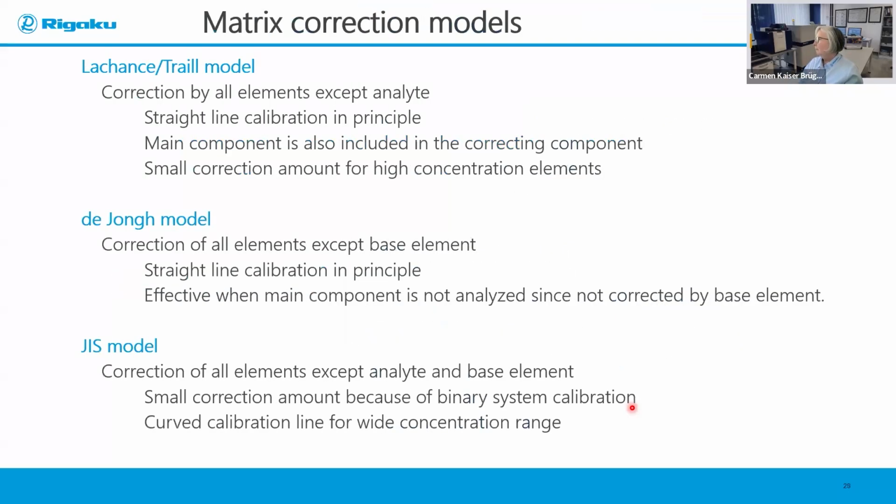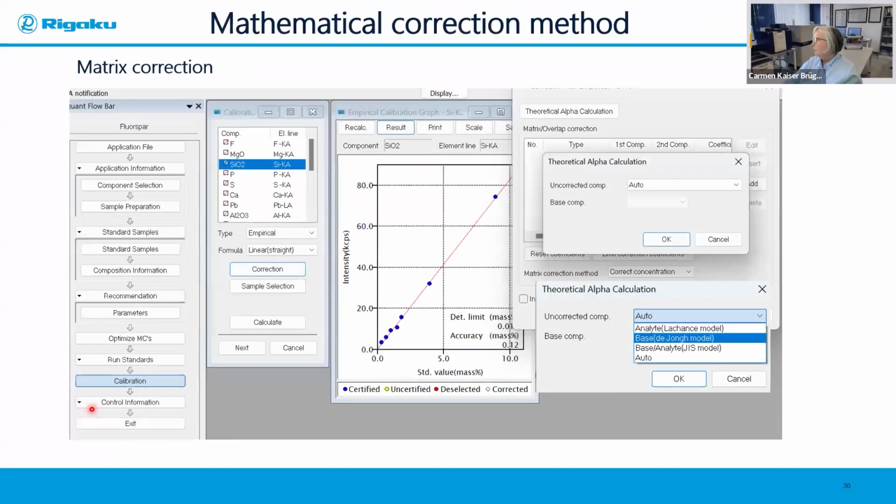Our matrix correction, theoretical alpha correction models that we use in our software are divided into 3 different models, the mathematical models, so the Lachance-Traill, de Jongh, and the JIS model. Here we have the example of how easy it is to apply this kind of correction in our software.